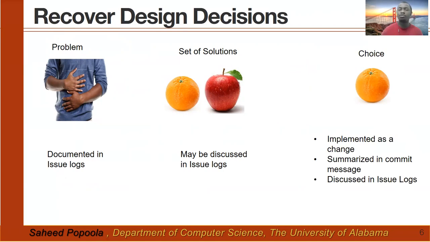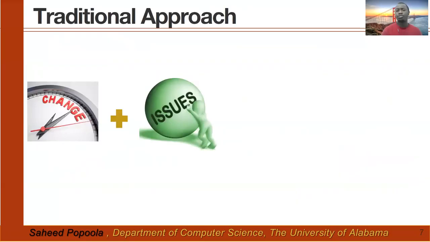Finally, maybe due to past experience and the like, you feel this should be the best solution to the problem. And the solution we chose is actually implemented as a set of changes in the commit history of the repository. Often, this set of changes is summarized in commit messages, and the reasons why these changes were made are often discussed in issue logs. Traditional approaches tend to recover design decisions using both the changes that have been made and the discussions in the issue logs.